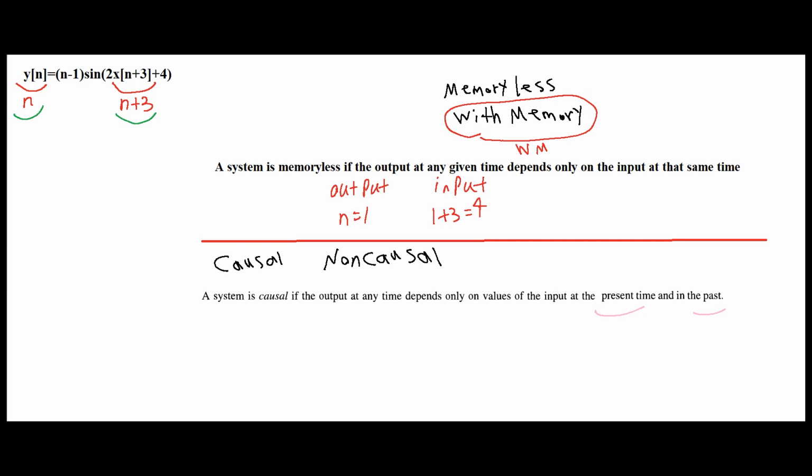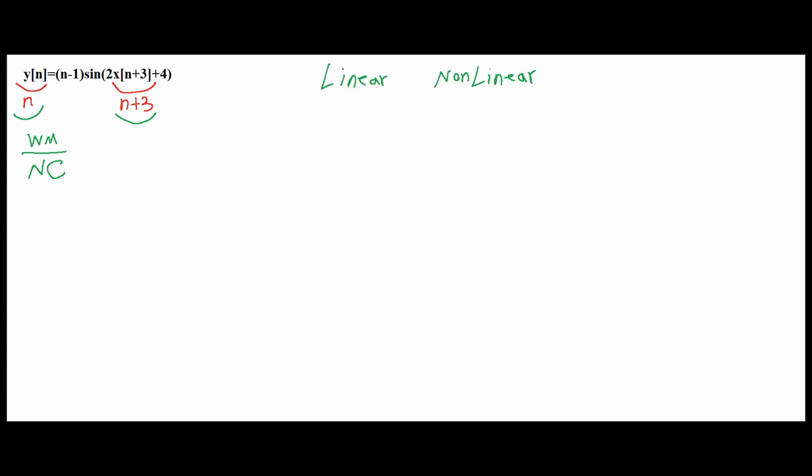So, the output at time n depends on the input 3 time units in the future. Therefore, the system is non-causal. So up to now, we have determined two properties. The system is with memory and it is non-causal.